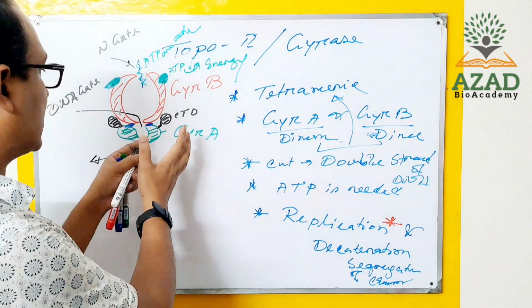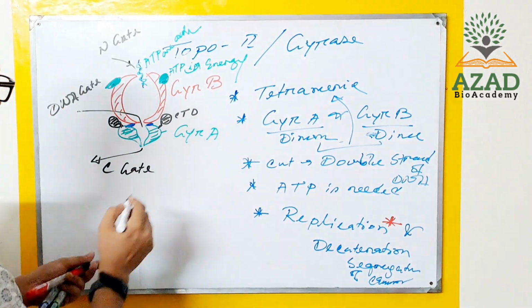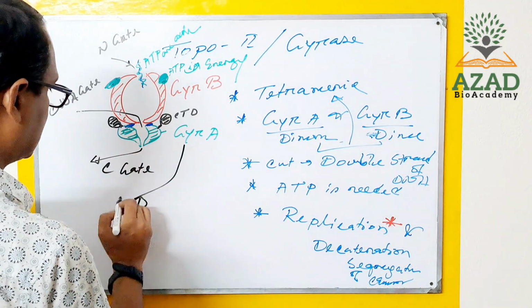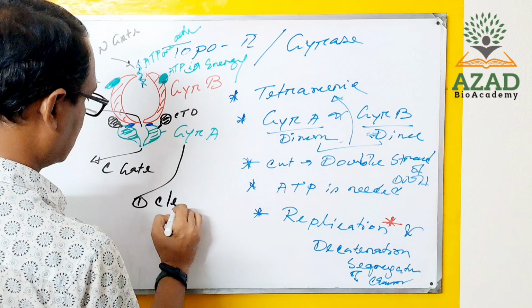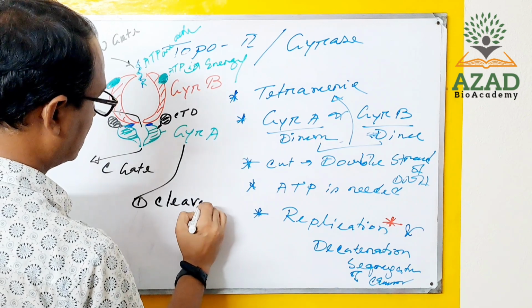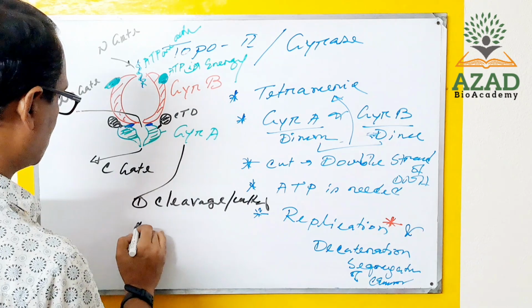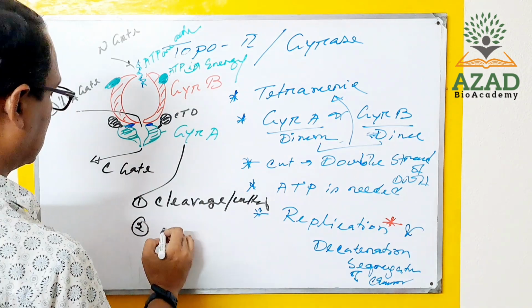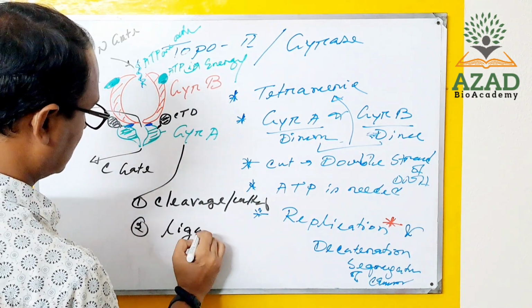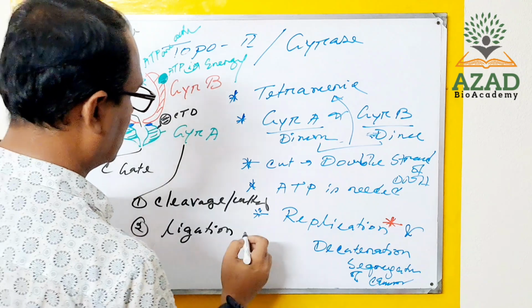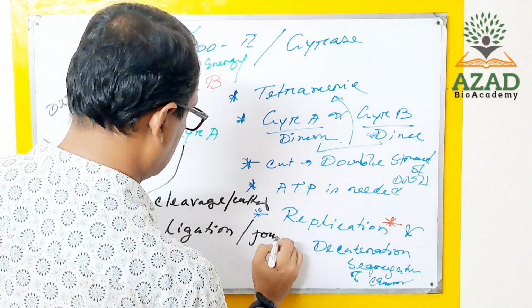And that gyrase A has two functions basically. One is the cleavage function, or you can say cutting function, and function two is ligation, or you can say joining function.